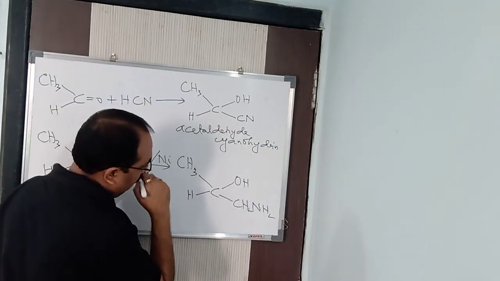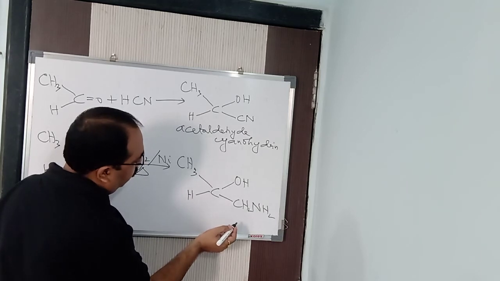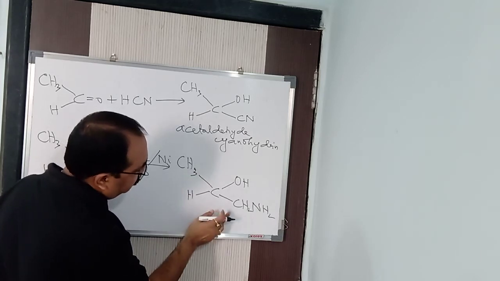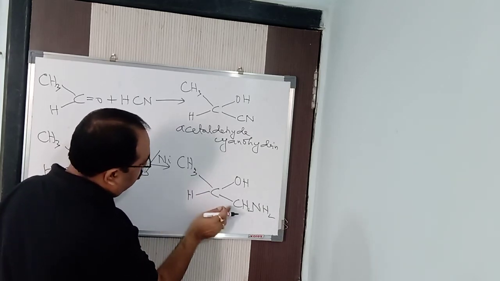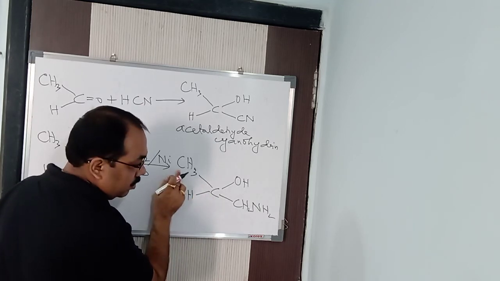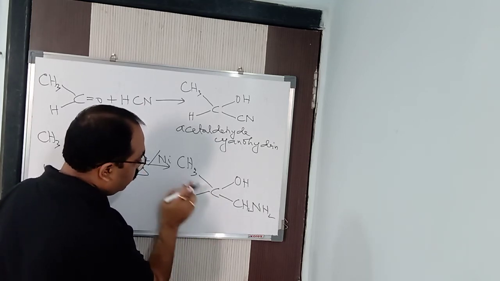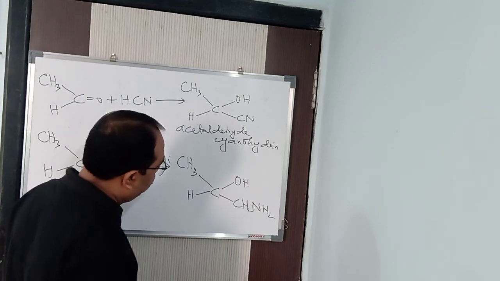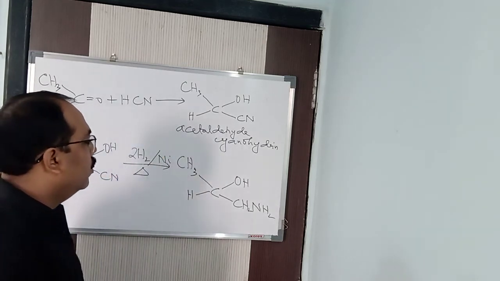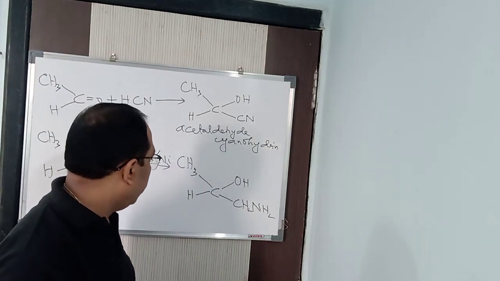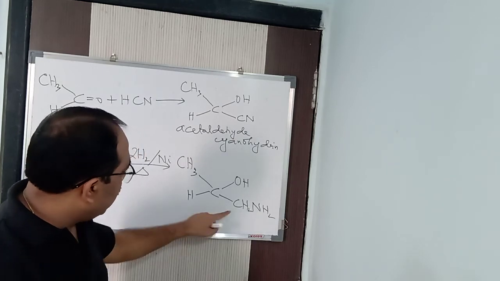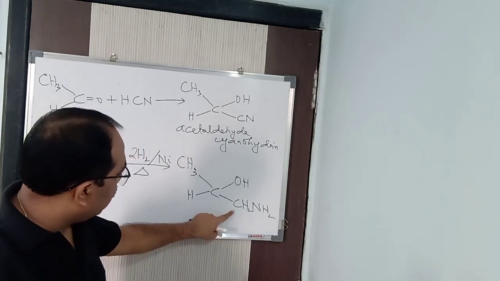We'll be starting from here. 1, 2, 3. 3 carbon atoms are there. So when 3 carbon atoms are there, then we will start from this particular group. Clear?